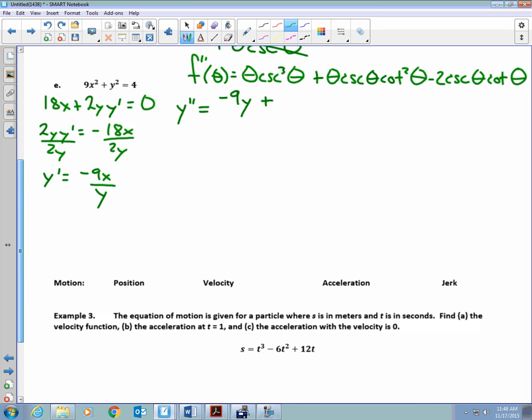So plus 9x times the derivative of the bottom. They will not allow you to leave a y prime in the second derivative. How can I get rid of the y prime? That is y prime, isn't it?